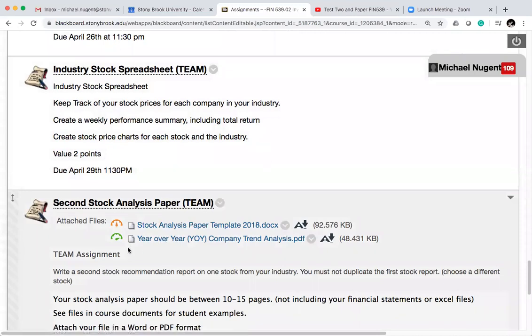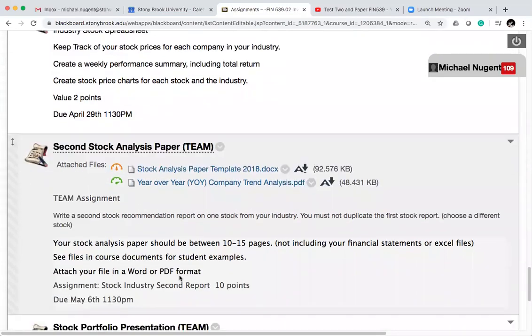And again, it's just the same assignment, but you're doing it a second time on a different stock. So think of the first team analysis paper as sort of your first draft or first attempt. Then the second paper is going to be on a different stock, and you basically write the report all over again, but for a different stock.